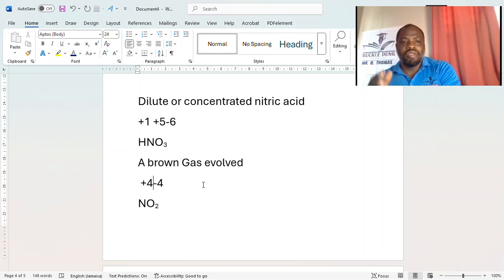Cool. So those are the common oxidizing agents, and you need to know the concept of how we give account for those observations.